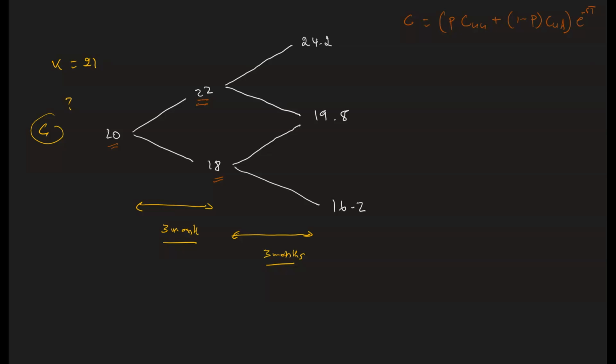And so what is the value of the call at this point? If the stock price is at 24.2, the payoff is going to be stock up minus strike, which is going to be equal to 24.2, I should say.